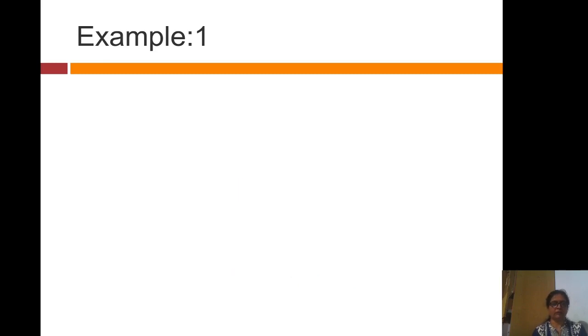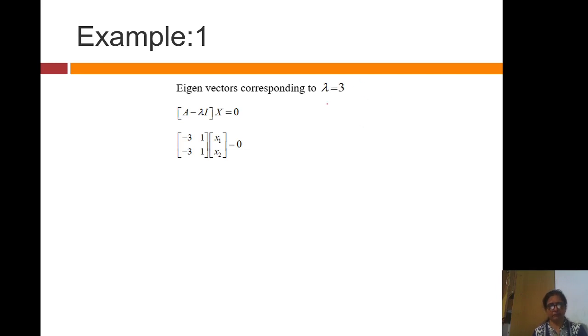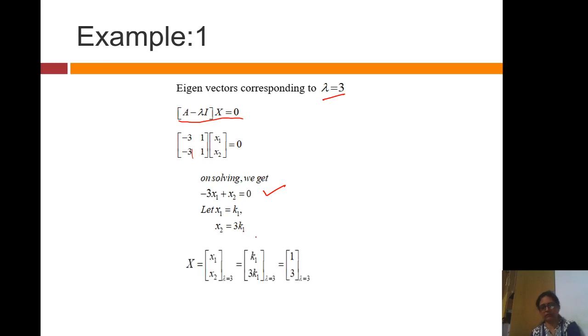Now similarly, we find the eigenvector corresponding to lambda equal to 3. In the equation (A minus lambda I) into x equal to 0, we substitute the values, and we again get the same equation, given by this. Here we substitute x1 equal to k1, and we get x2 equal to 3k1, so we get the eigenvector in terms of k1.